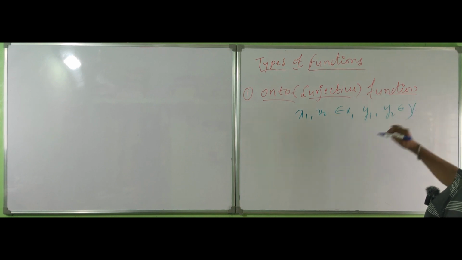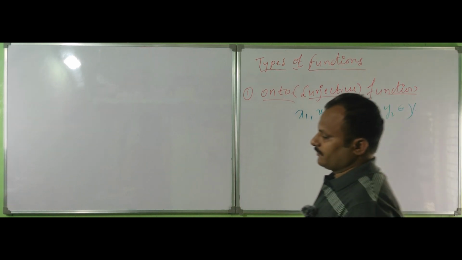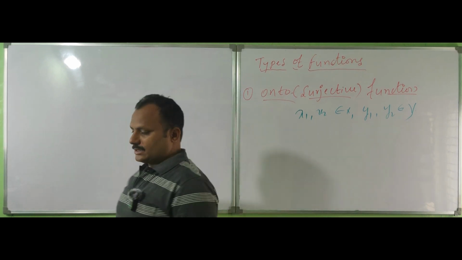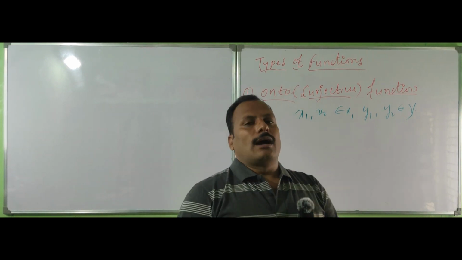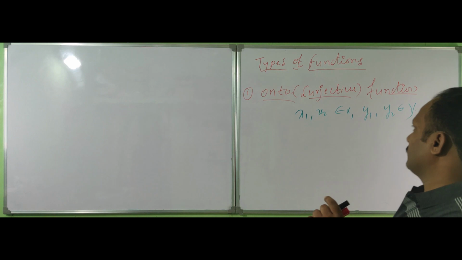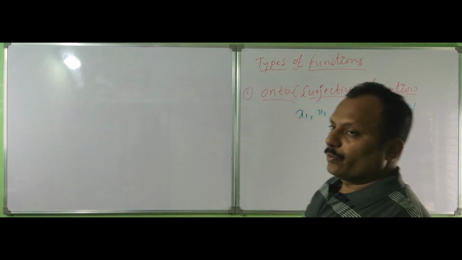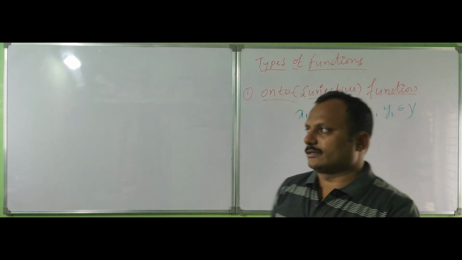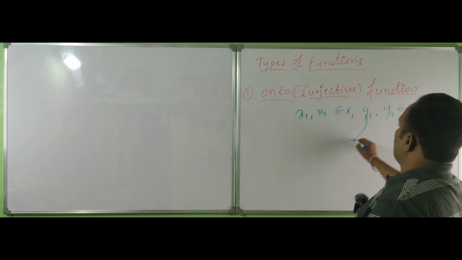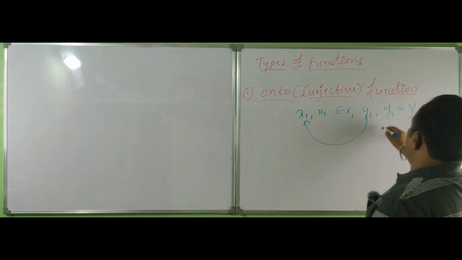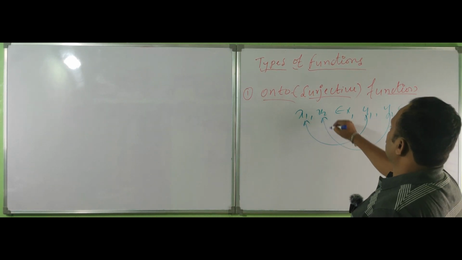The definition of onto is that the elements in y at least have one pre-image in x. This should have at least one element. It's very important.